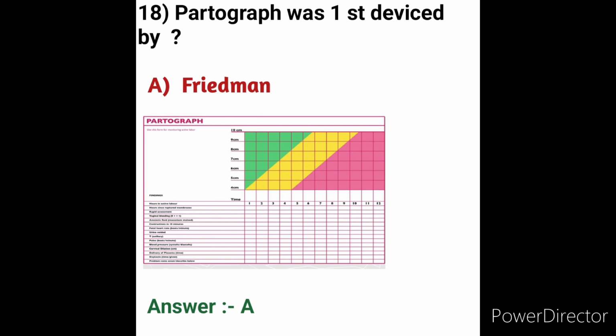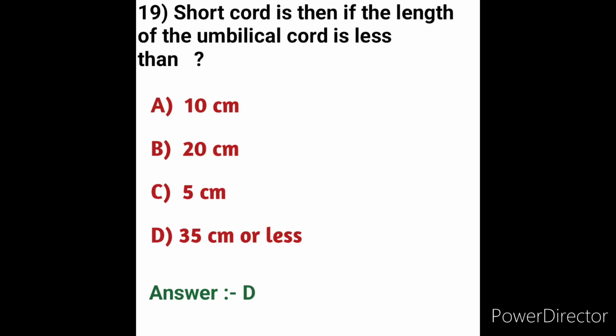Next, move on to question number 19. A short cord is when the length of the umbilical cord is less than how much? Options: option A, 10 centimeters; option B, 20 centimeters; option C, 5 centimeters; and option D, 35 centimeters or less. If the length is 35 centimeters or less, it is considered a short cord.